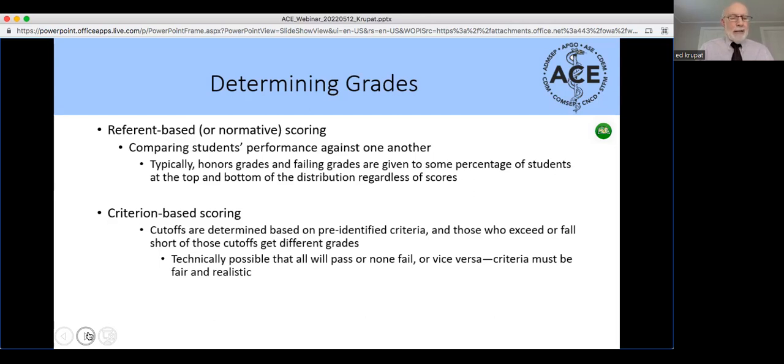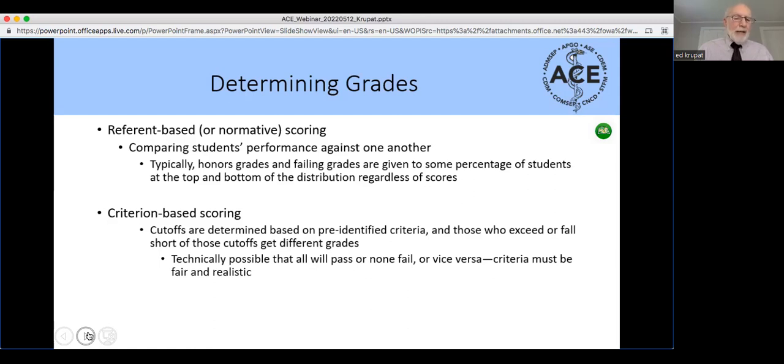If I'm a pilot being assessed in a flight simulator, and I'm given bad circumstances, stormy weather and wind and lightning, and the criterion is, can I land the plane safely? Then I don't care how many people pass or fail. Everybody who lands the plane safely should pass and everybody who doesn't should fail. So criterion-based scoring is, I think, what everybody would agree in principle is the way to go.